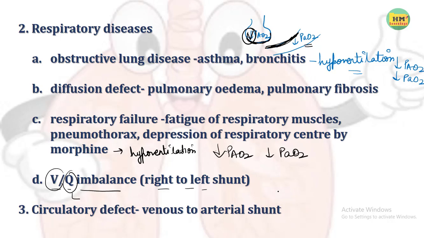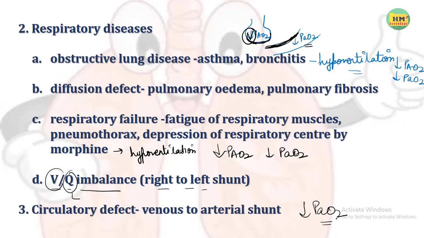Next defect is the circulatory defect, like a septal defect in the heart. If there is a septal defect, the blood from the right side of the heart will go to the left side of the heart, and there will be mixing of the oxygenated and the deoxygenated blood. So there will be a decrease in the PaO2. When there is a decrease in the PaO2, which type of hypoxia is it?